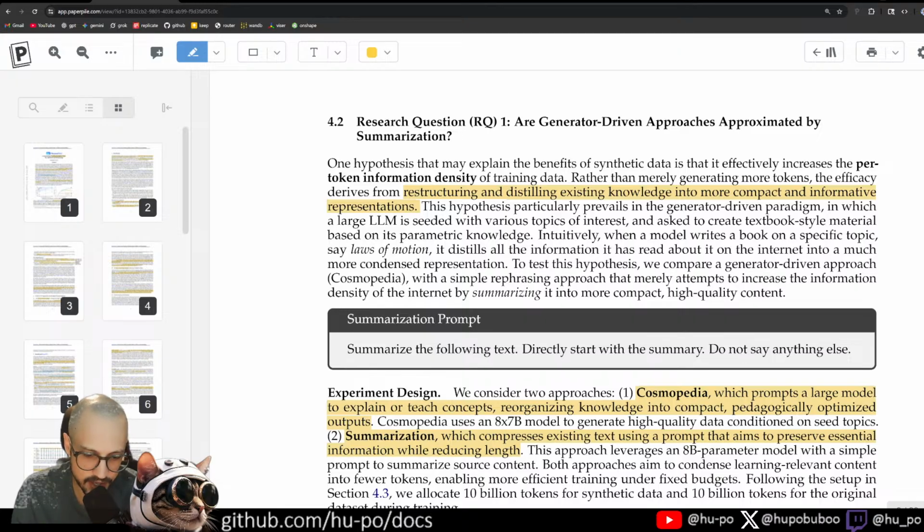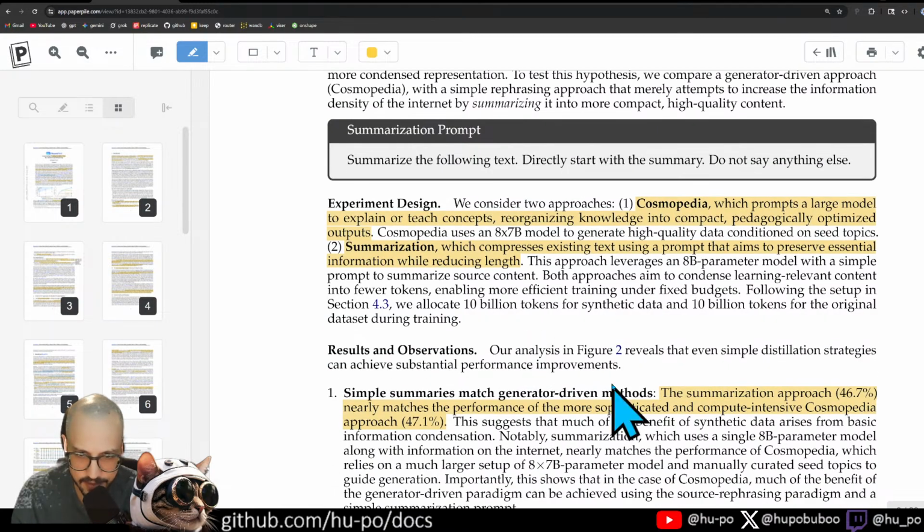So kind of like a black box compression. Cosmopedia is not really trying to compress, it's more trying to organize and optimize the output. Rephrase this stuff slightly differently, but you're not necessarily trying to compress it by half.